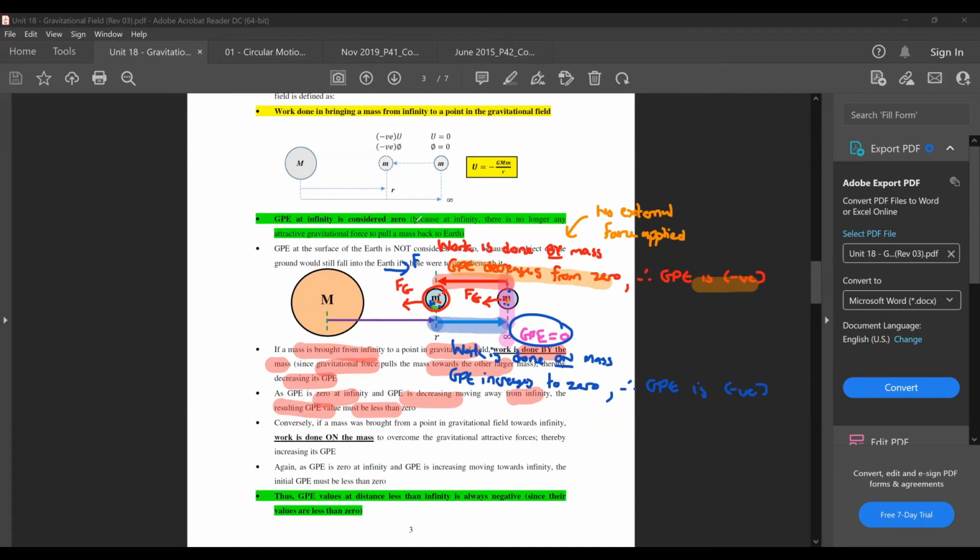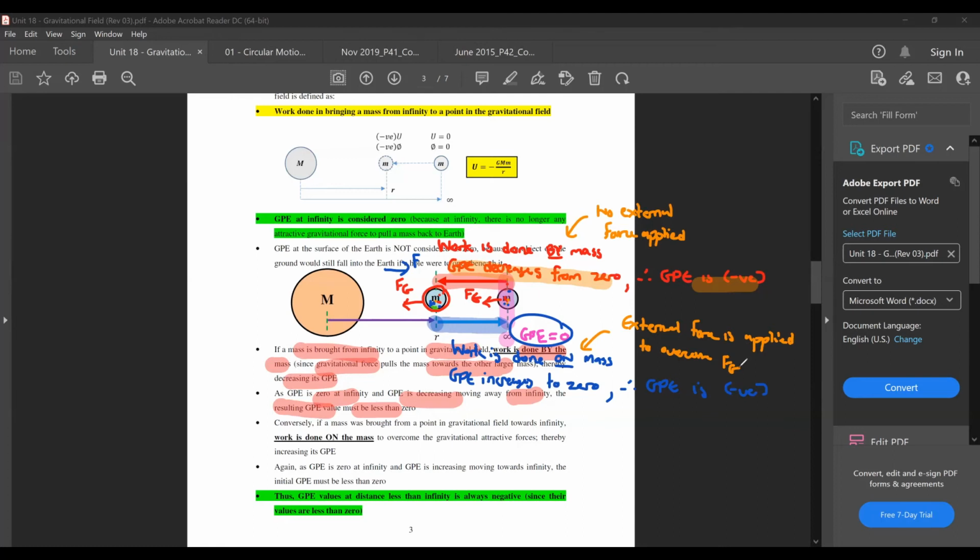Okay, so when work is done on the mass, we say that an external force is applied to overcome the gravitational force.